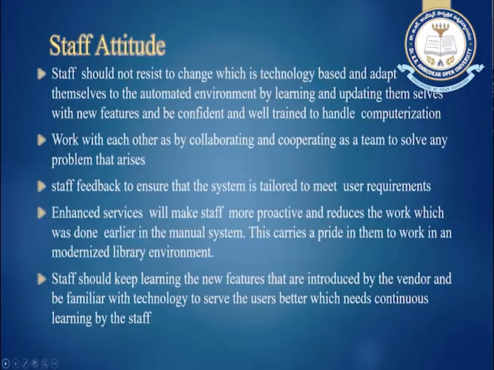The staff should be very active in learning the latest technologies and computerization, because without staff's involvement, we cannot go for automation. Each staff member should learn the latest technologies, and they should cooperate, coordinate and work as a team.